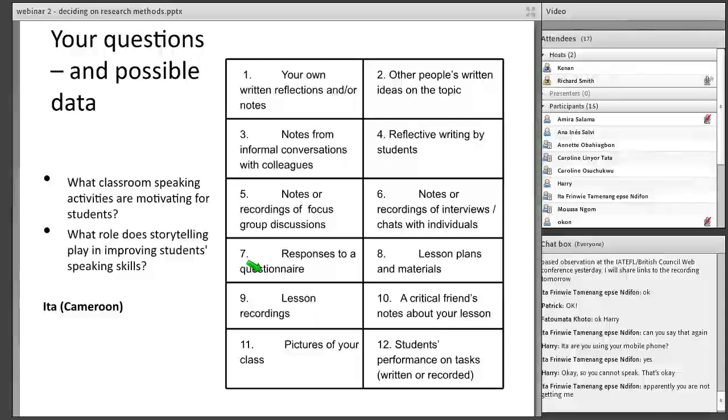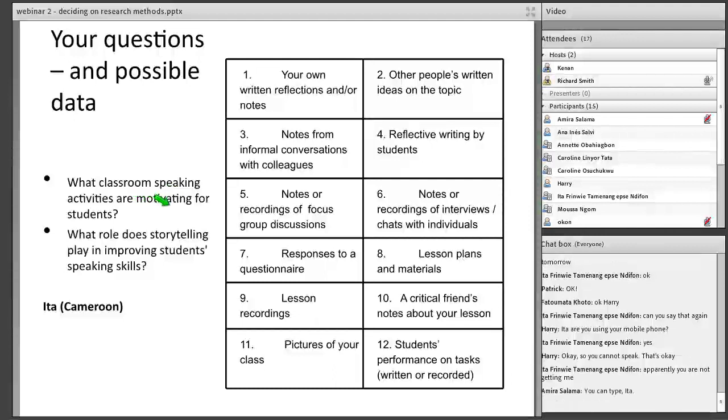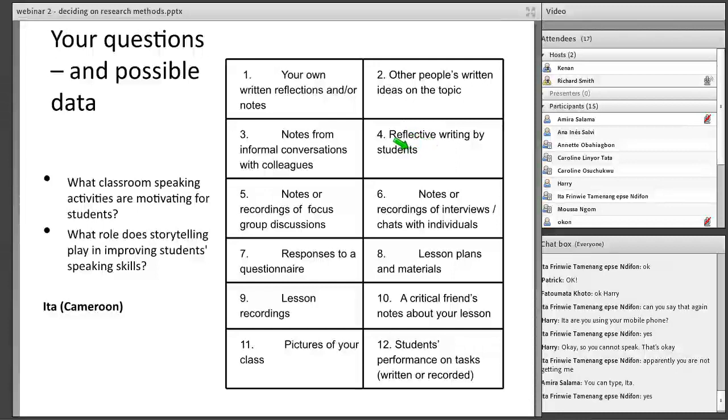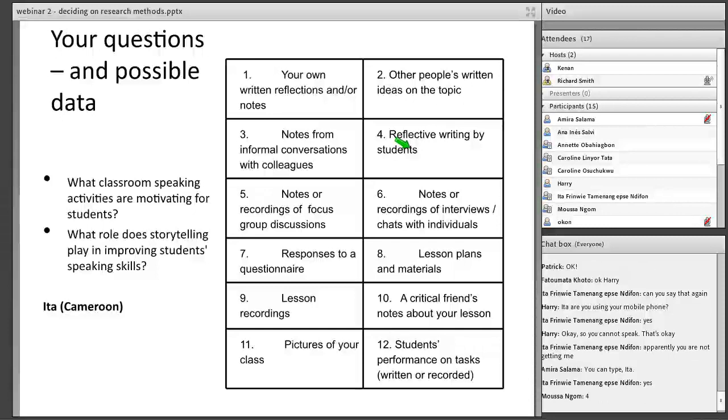Have you thought which one you might use? No, I can't hear you. So maybe you could write. What I think is that motivation is about opinions or attitude of the students. So probably reflective writing, number 4, would be good.